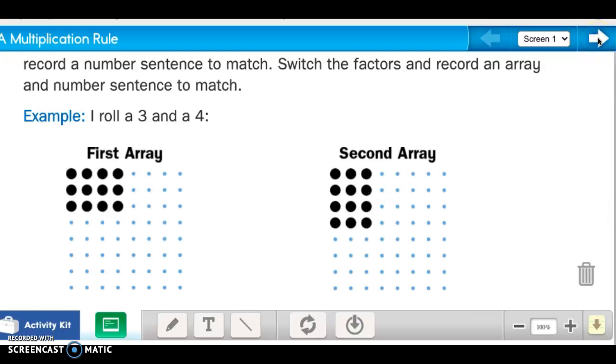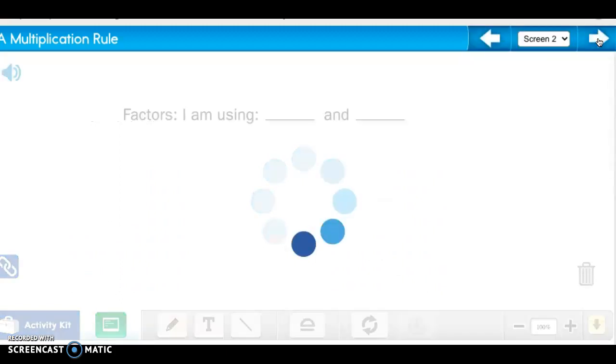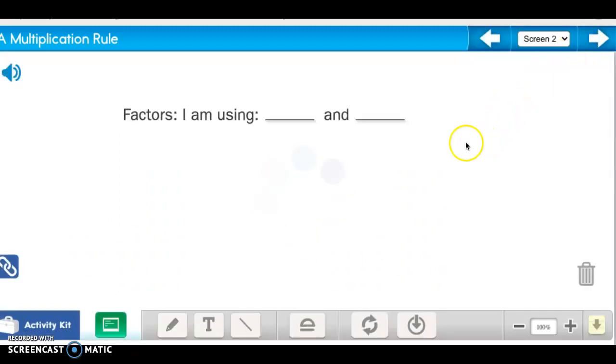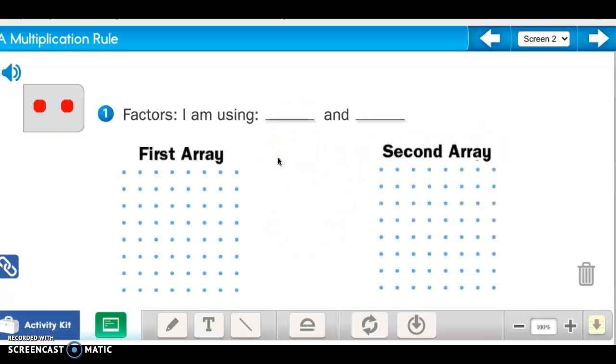Let's go ahead and go to the next screen where we come to the factors that we're using. If you have a dice, let's pretend I rolled a dice. My first number was a 2, so go ahead and write a 2.